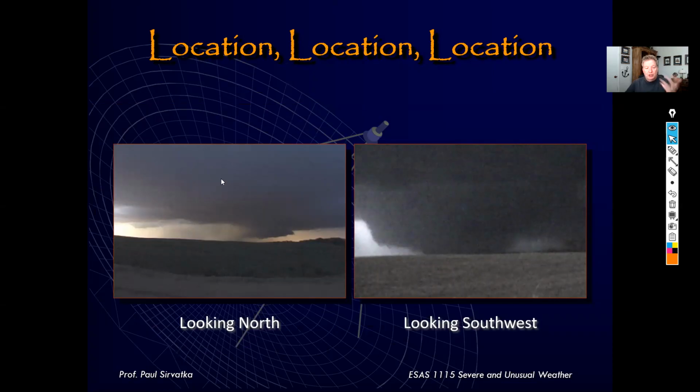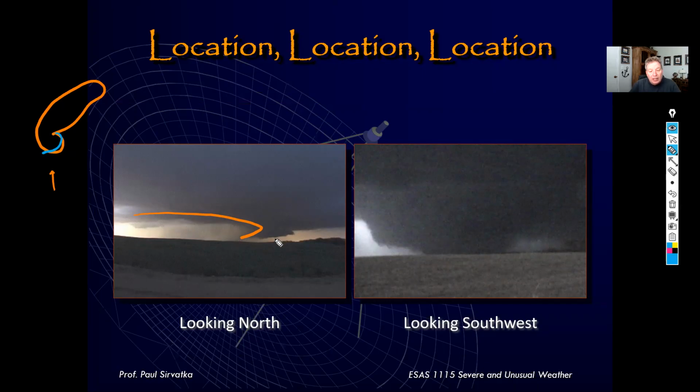So when we're looking at storms, I want you to think about what that last one is, and now we're looking to the north at a storm. Maybe there's the hook, right? There's the hook. And if you're looking to the north, what I'm seeing here is the rear flank gust front. So the rear flank gust front would be something around there.